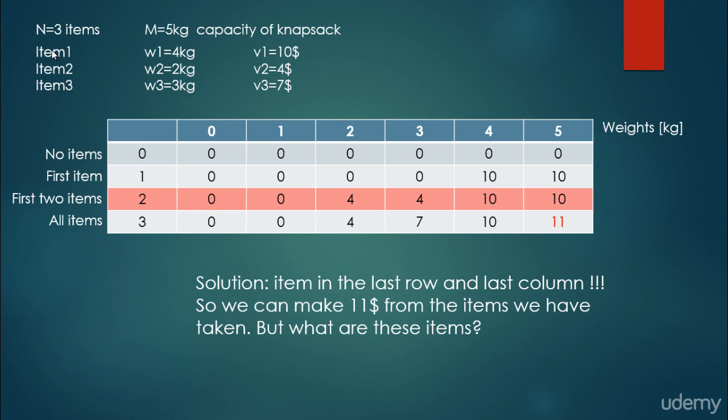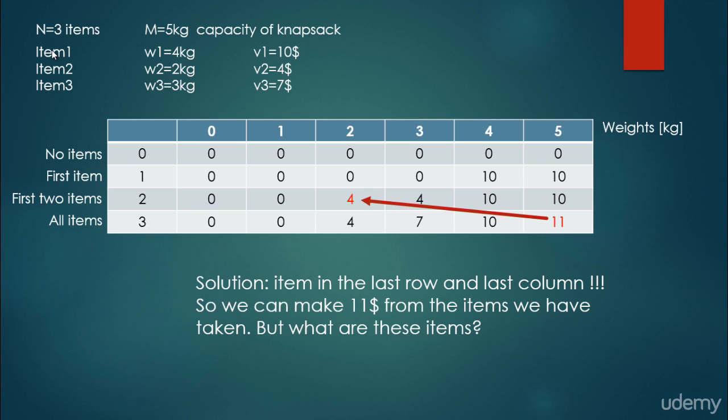Then we have to consider the item 2, we have to go forward, upward, because we have already taken the third item, we have considered the second one. And because we have taken the item 3, and the weight of the item 3 is equal to 3 kilograms, we have to take 3 steps to the left as the value of the weight. So if we go, we come to the conclusion that we end up at 4.